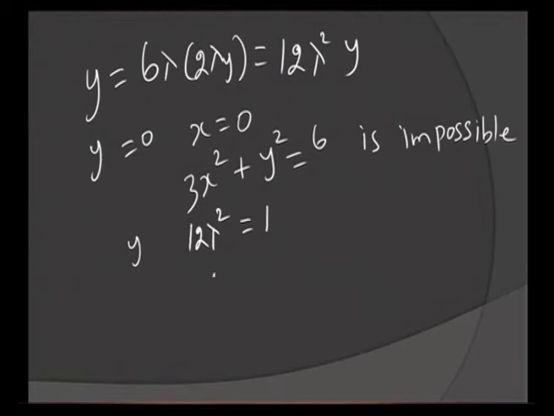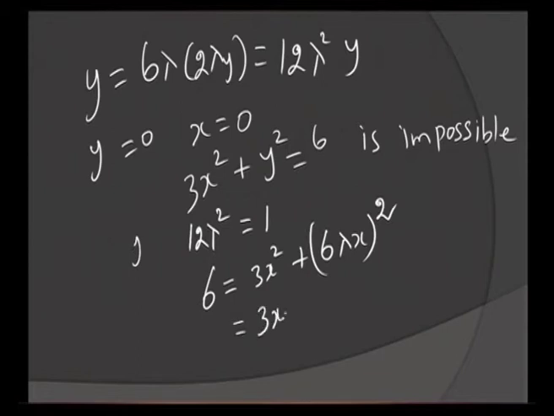So 6 is equal to 3x square plus 6 lambda x the whole square, which is equal to 3x square plus 36 lambda square x square.